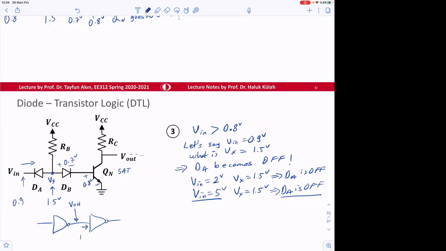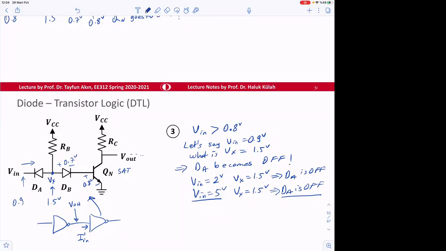Then what is this? I in prime. If this one is this one, it is 0.